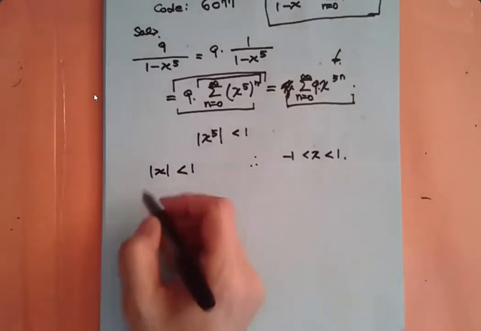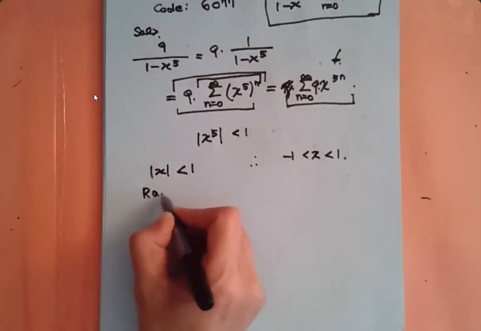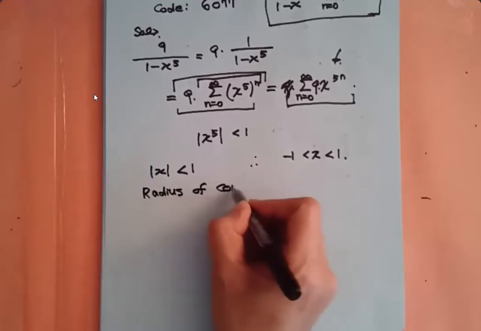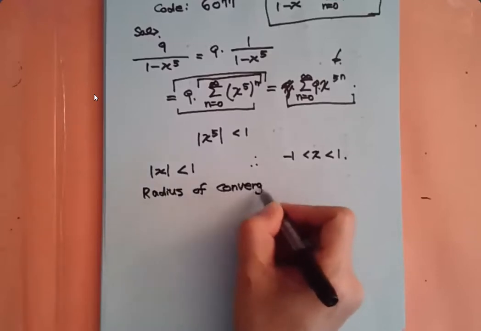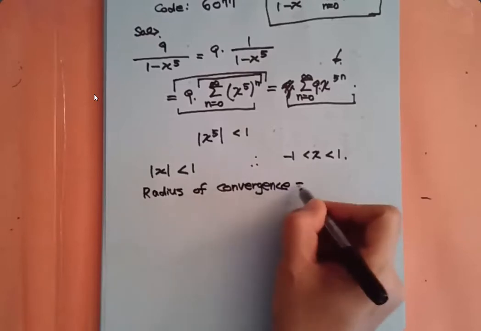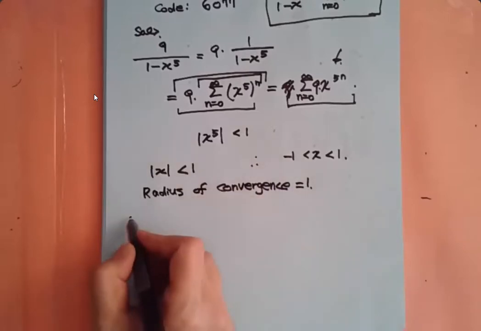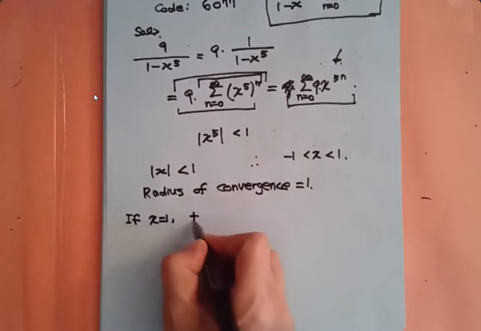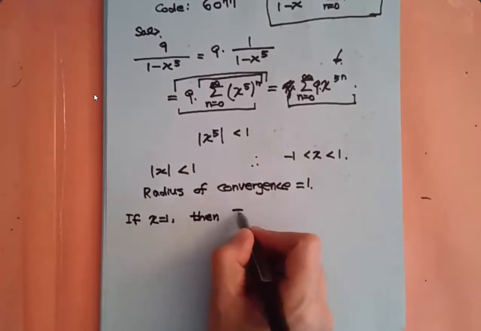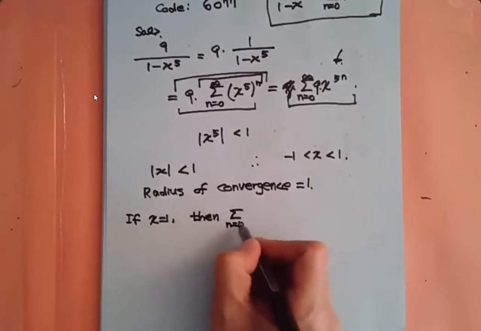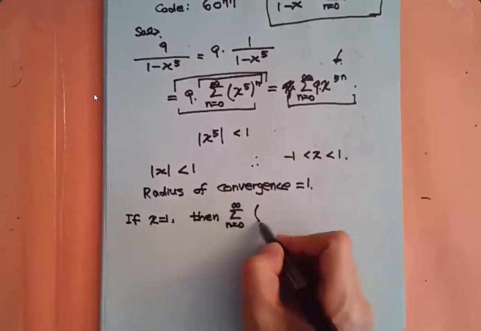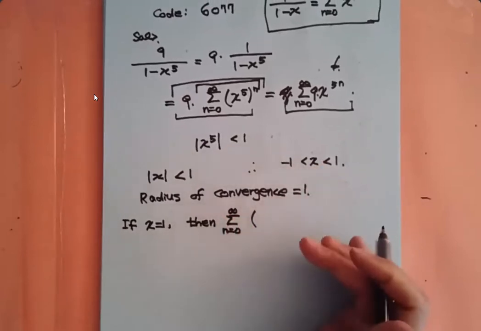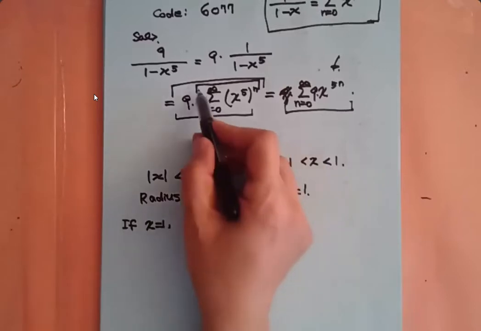So from here, we see that the radius of convergence equals 1. If x equals 1, then summation n equals 0 to infinity. We just think about this part.